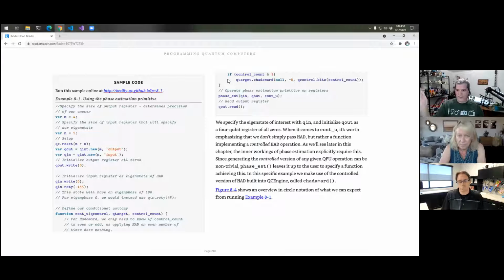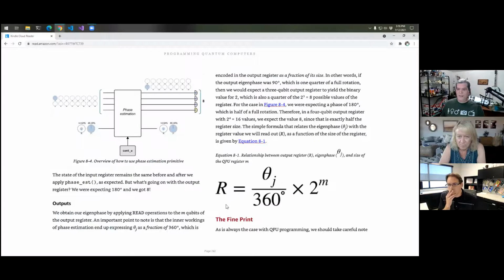And rather than looking at this code, I'm going to go back to the sample. But before I do that, I just want to skip to this nasty calculation here, because what happens when we run this phase estimation is we end up with a register, which is a number of qubits.